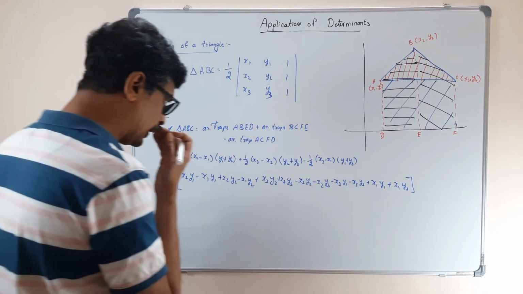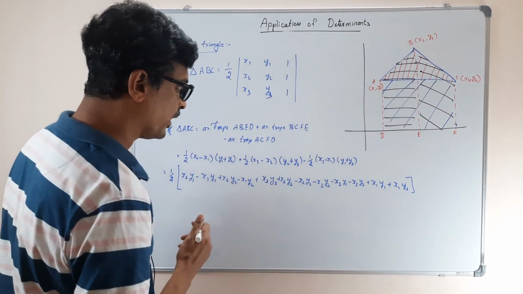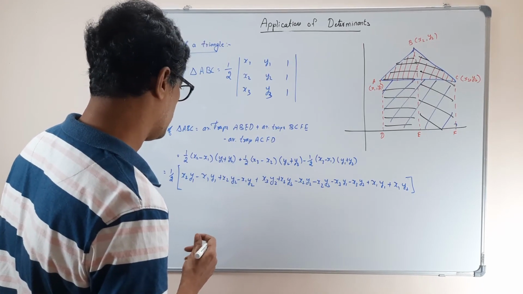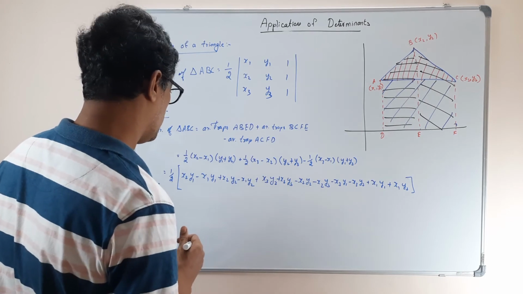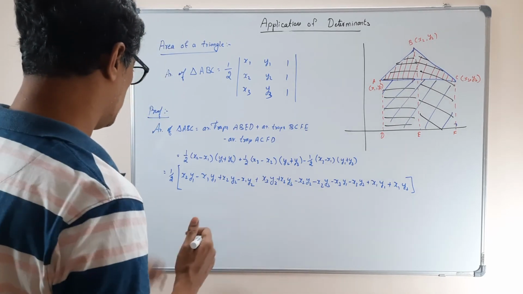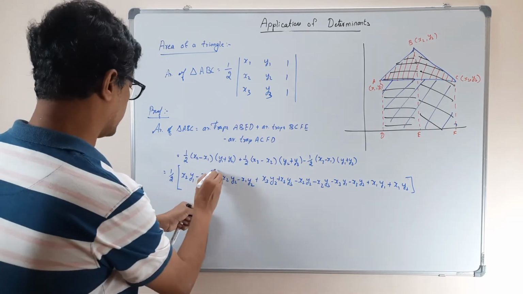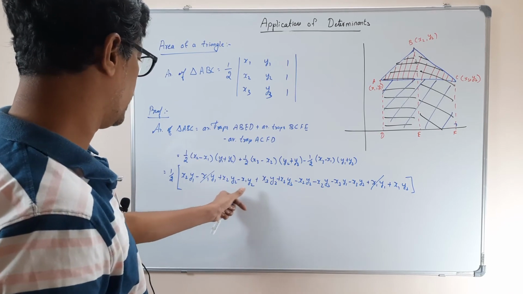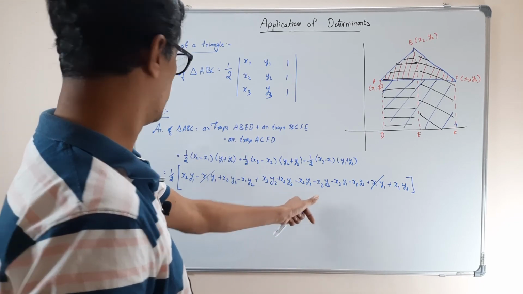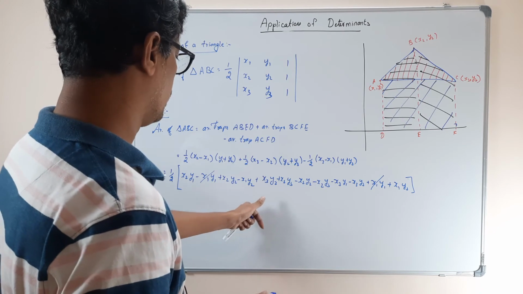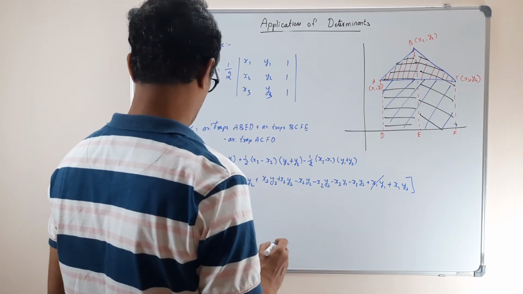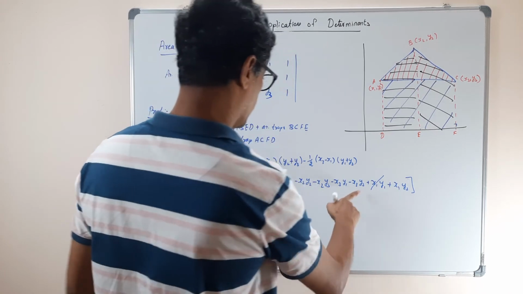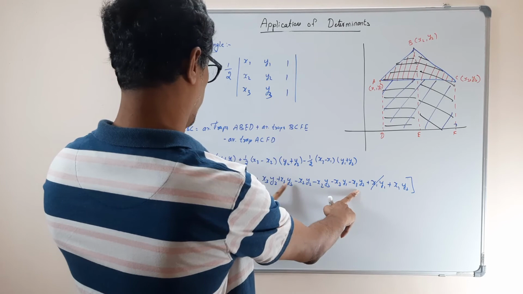Correct? So let us take the x1 terms commonly outside. How many x1 terms are there? Some can be subtracted: minus x1 y1 and plus x1 y1. And minus x3 y3 and plus x3 y3.